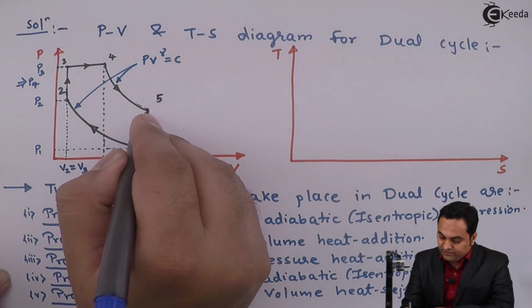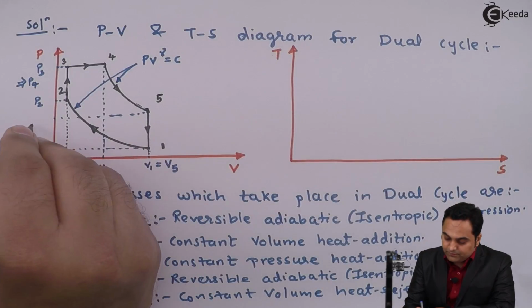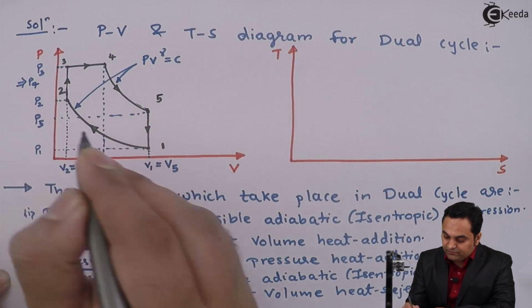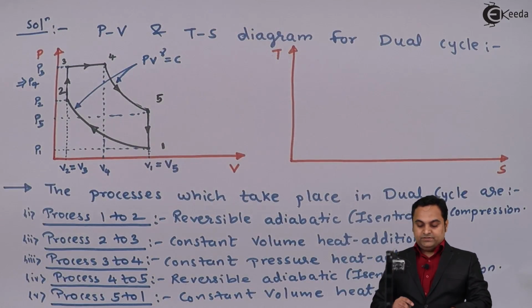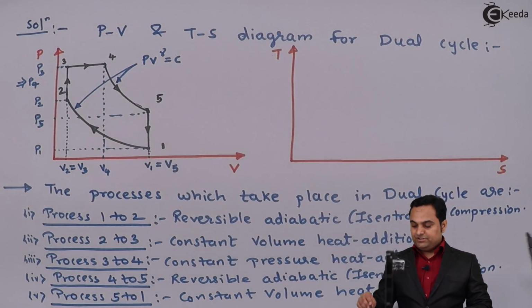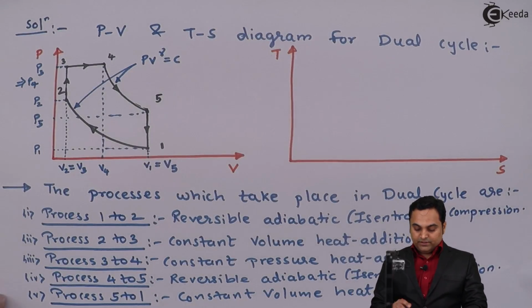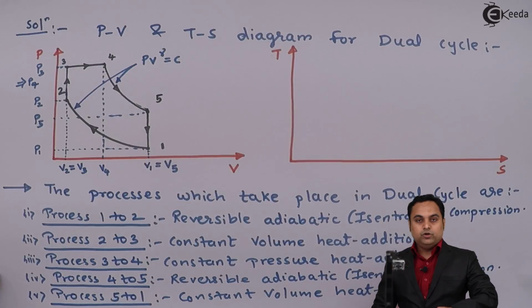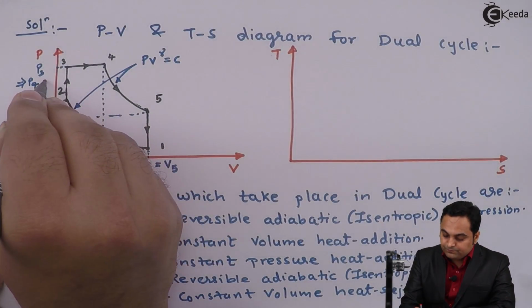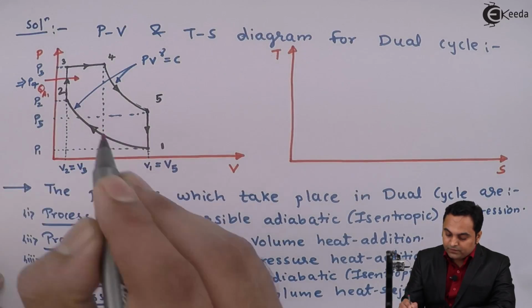and at point 5 the pressure is P5. Next, we can say that here there are two heat addition processes. The first heat addition is from 2 to 3, which is constant volume heat addition, QA1.